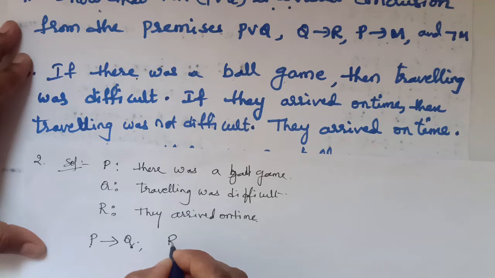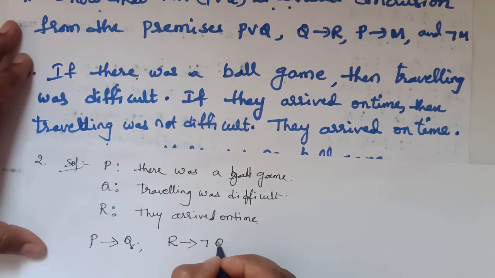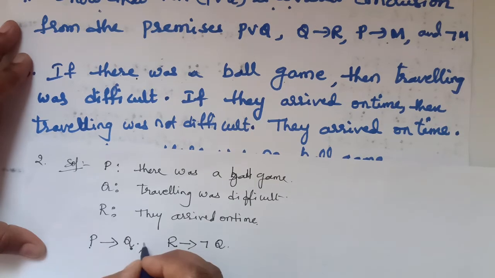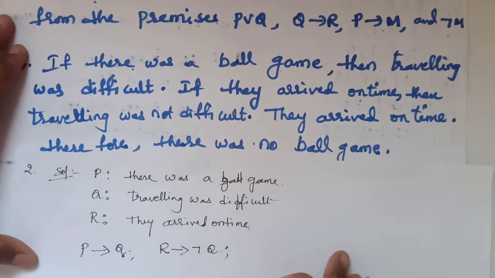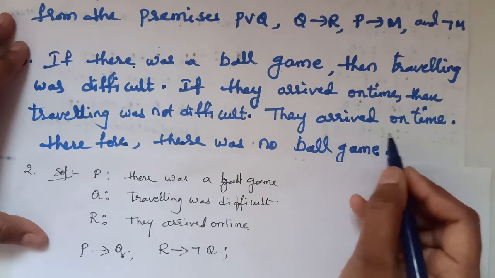R is the proposition that they arrived on time. If they arrived on time, traveling was not difficult. That is R conditional negation Q. That is the second premise. They arrived on time.